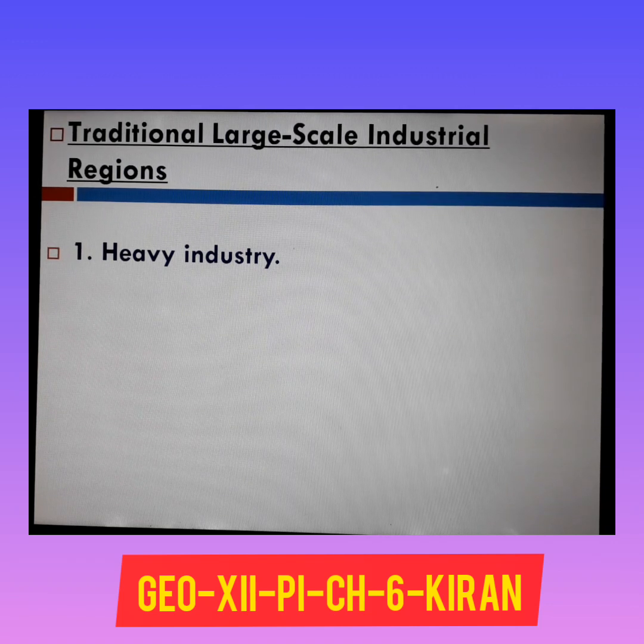These regions were the areas of heavy industry, large industries, which were producing large quantities of cotton textile or the metals. Most of these industries were located very close to the coal fields because the coal based energy was available during that time.